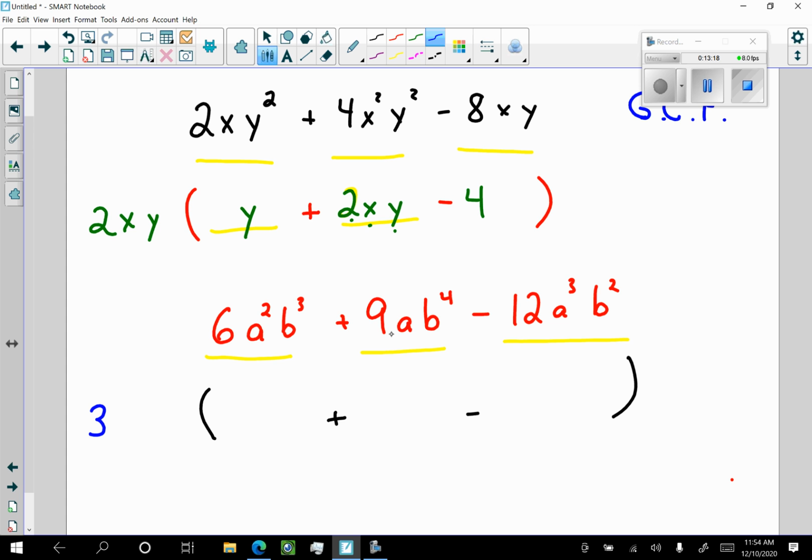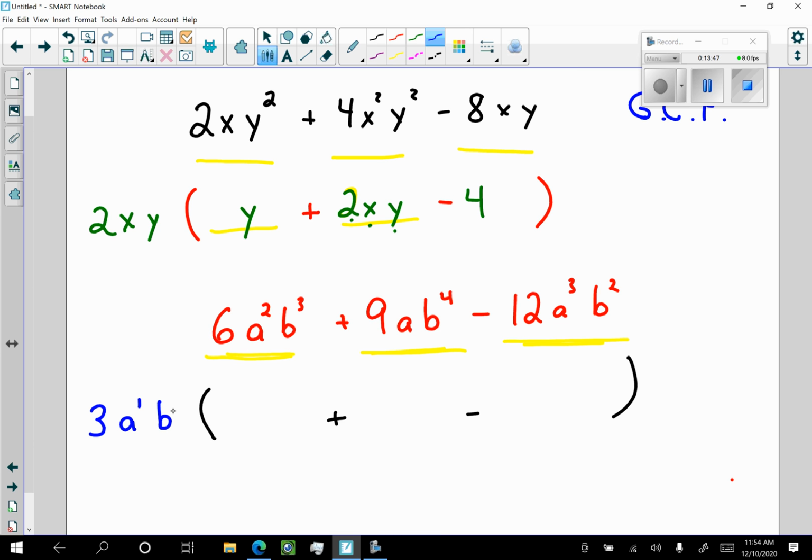So we're not going to use 6, we're going to use 3. Each term has an a, so we put an a here. But we need the greatest power of a: a squared, a, and a cubed. The greatest I can factor out is just a to the 1, because that's all one term has. They all have a b.